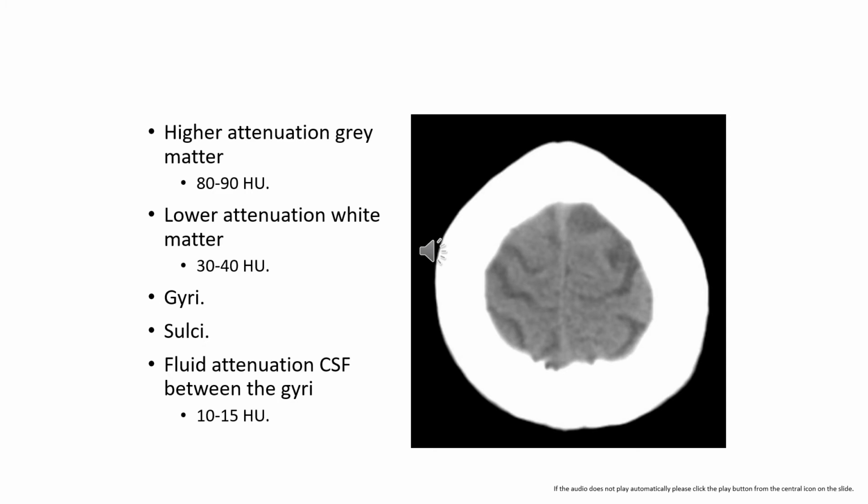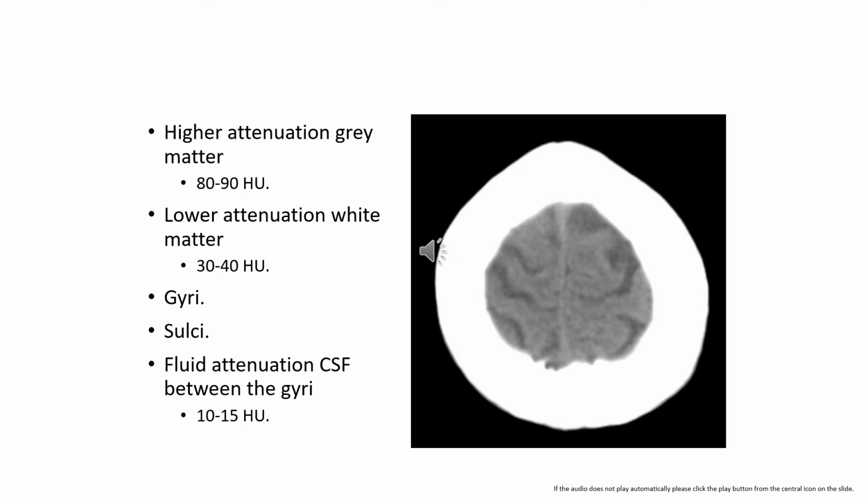So in this high slice of an unenhanced brain, we start to see the gyral and sulcal structure. The grey matter has a higher attenuation of about 80 to 90 Hounsfield units. So this is the light grey band, which is seen on the surface of all the gyri identified.